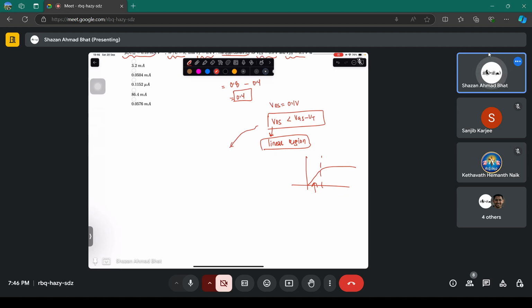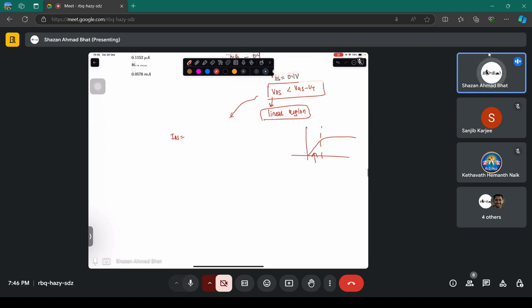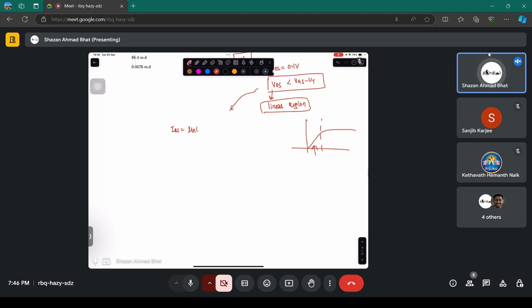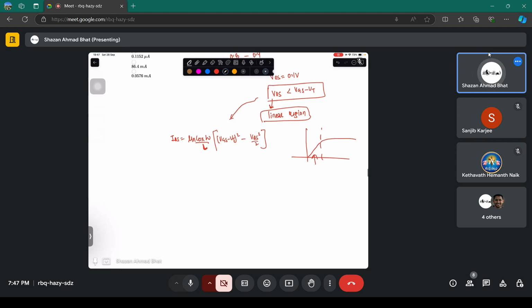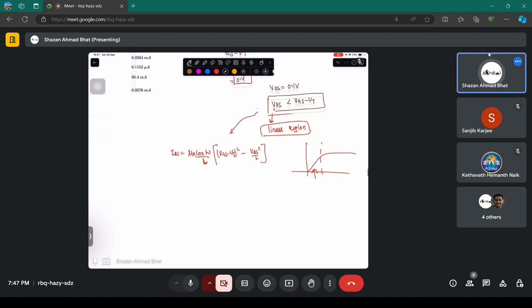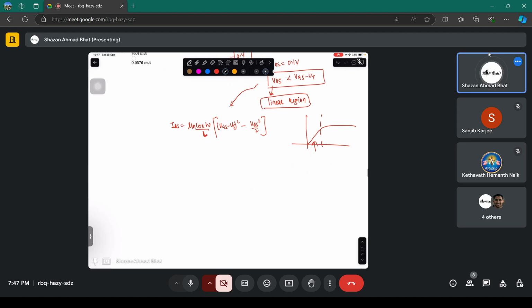Now for this region, the overall current IDS equation is mu n Cox W by L times VGS minus VT times VDS minus VDS square divided by 2. Yes, this is the equation. Now again, everything has been given.